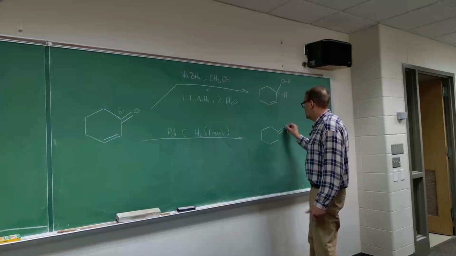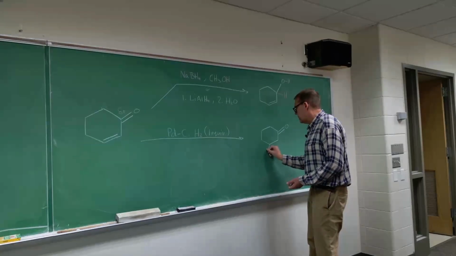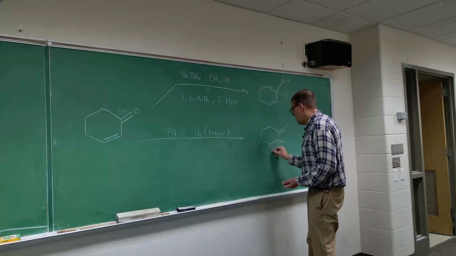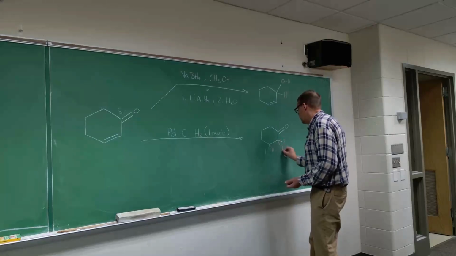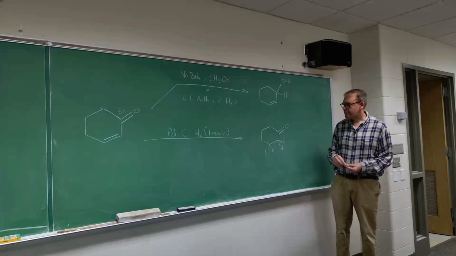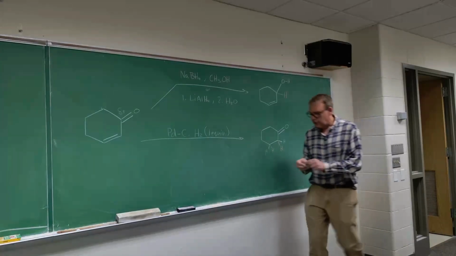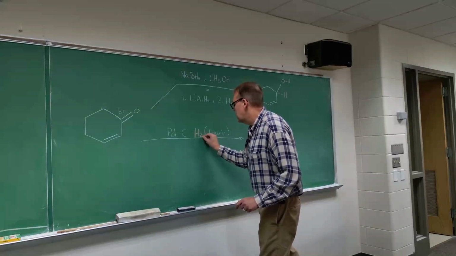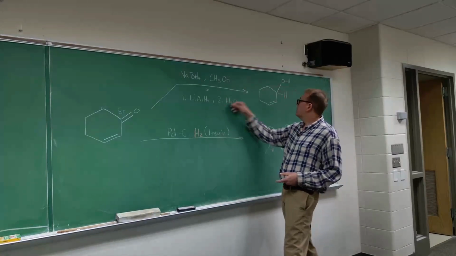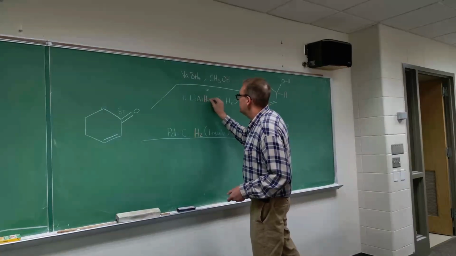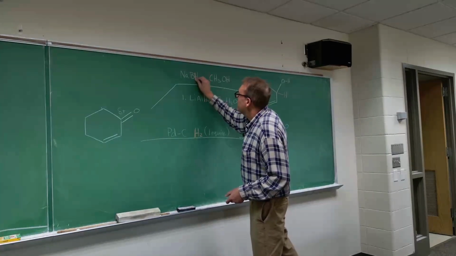So we'll keep the C double bond O, but we'll end up with a couple of new hydrogens that have been added exclusively to the carbon-carbon double bond. These H's here are coming from hydrogen in the hydrogen palladium on carbon. Up here, that H is coming from either the H's on lithium aluminum hydride or the H's on sodium borohydride.